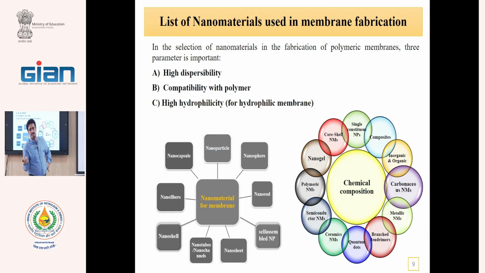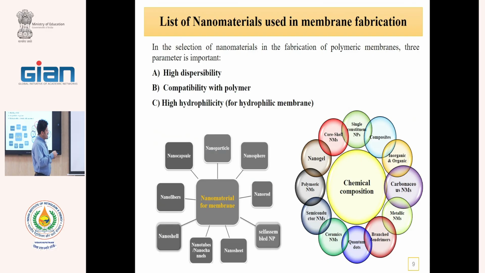Carbon-based nanomaterials disperse well in organic solvent, because organic solvent is carbon-based. But when we have water, as in RO preparation, or when we add the nanoparticles to the coagulation bath, the non-solvent bath, it is better to use inorganic nanoparticles, such as metal oxides. Metal oxides disperse well in water.